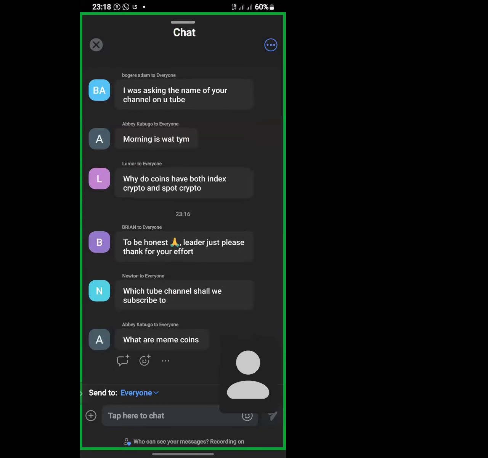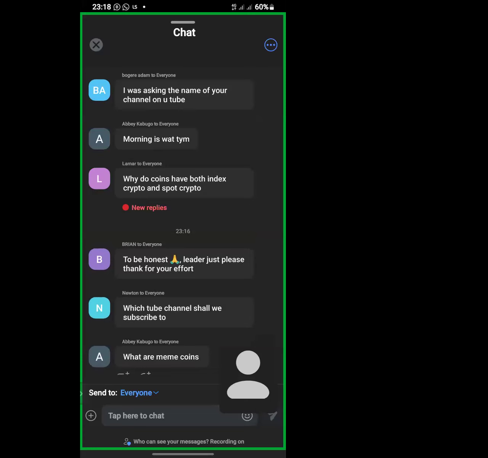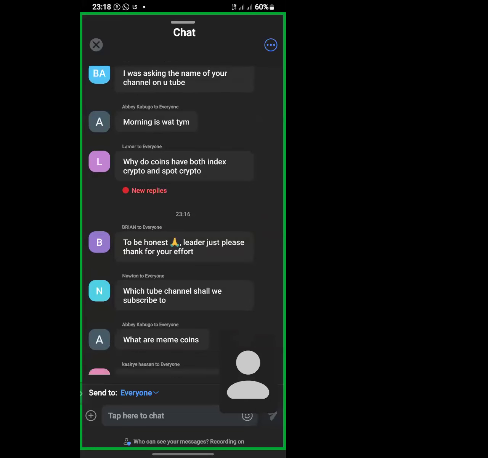What are meme coins? Meme coins come from what they call internet memes. They can be characterized by many zeros and very low value. Those coins you see with many zeros, you can call meme coins. The symbols you see on them, they call internet memes, the way you see memes.